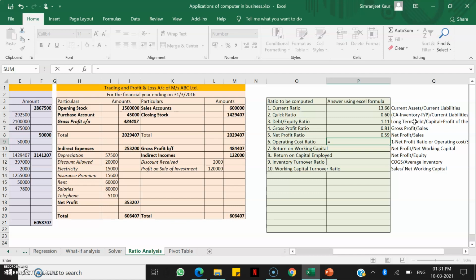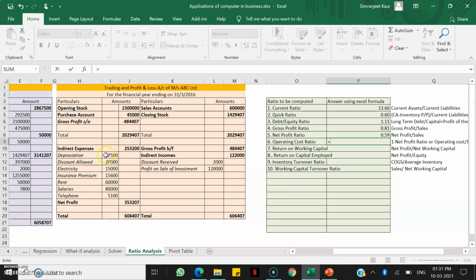So it will include all our marketing expenses, selling and administrative expenses. So let's have a look at our indirect expenses, right. So depreciation is clearly an operating expense, discount allowed, electricity, insurance premium, right, rent, salaries, telephone. So all these are operating expenses.